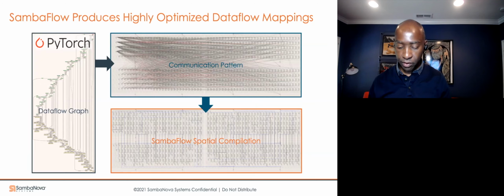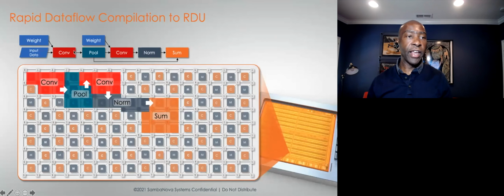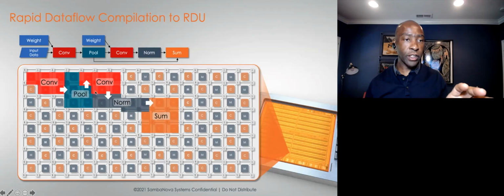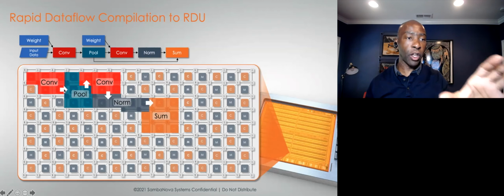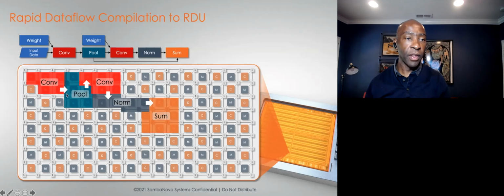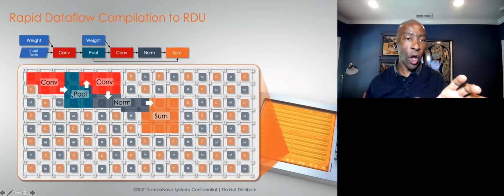So here's an example where we take a piece of a vision model, and we map it to the RDU by mapping the different kernels in space and having the kernels communicate using the on-chip network, right? And so the spatial mapping does 2 things. One, it keeps the communicating components close together on a chip so that they communicate very efficiently. And it also means that you don't have to go off chip to do the communication.